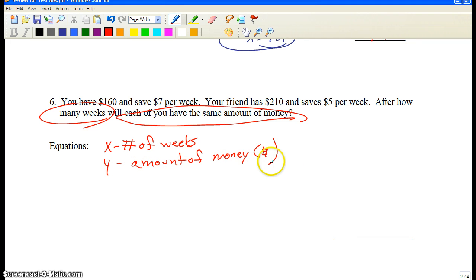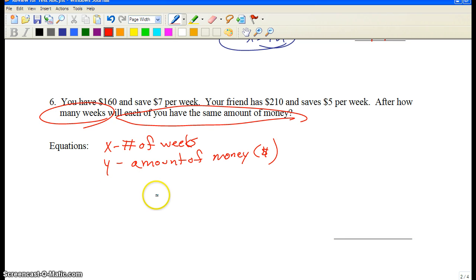The amount of money that you have, that was y, is a representation of the total amount of money that you have. And we're asked, from the purpose statement, how many weeks for the same amount of money. So we're talking about the total amount of money that you get and the total amount of money that your friend gets, and those are going to turn into the two equations.